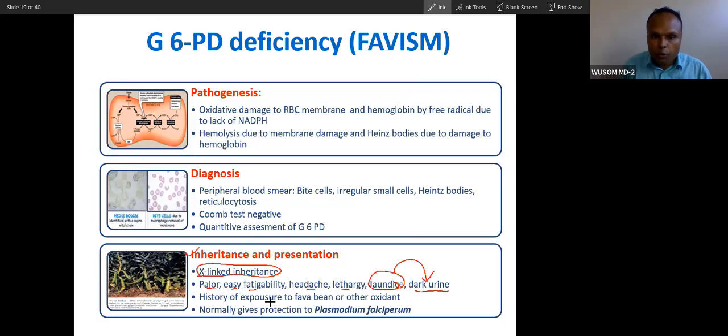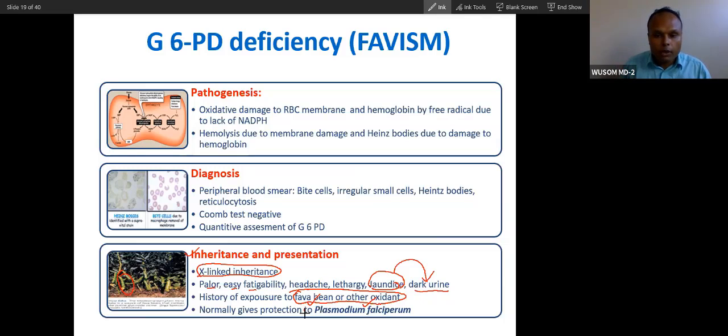And history of exposure to some oxidant, like fava bean. Fava bean is a type of bean you can see here. Either the patient consumes fava bean or other oxidants, for example drugs. We will talk about a few drugs; I will give you a list. Actually, G6PD deficiency has a positive aspect also.